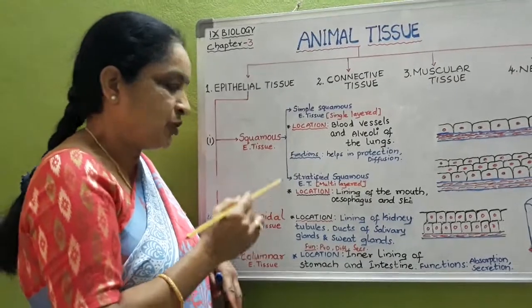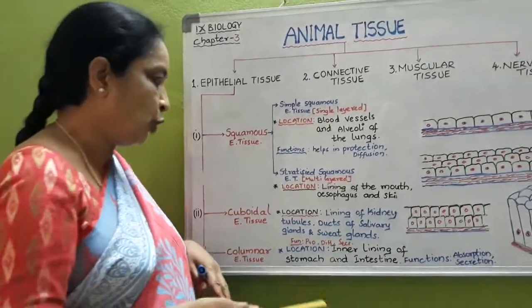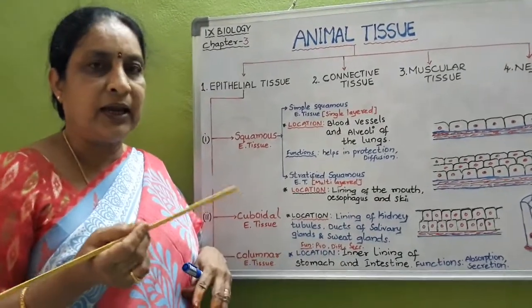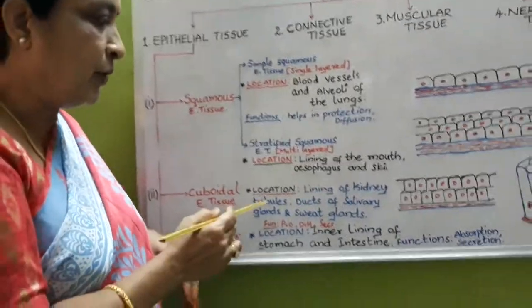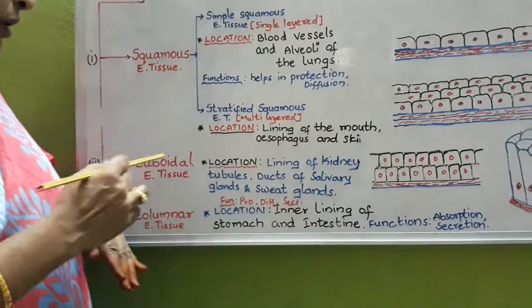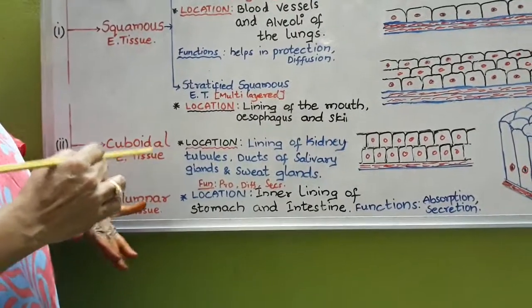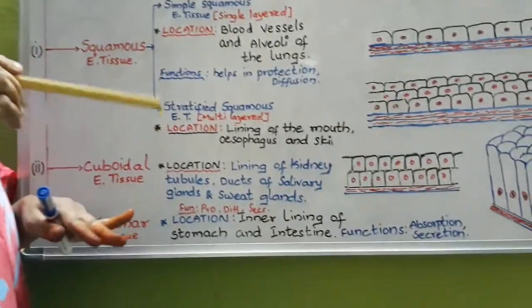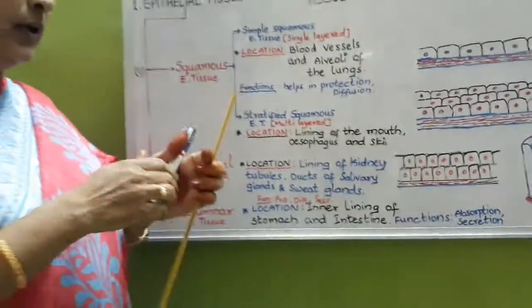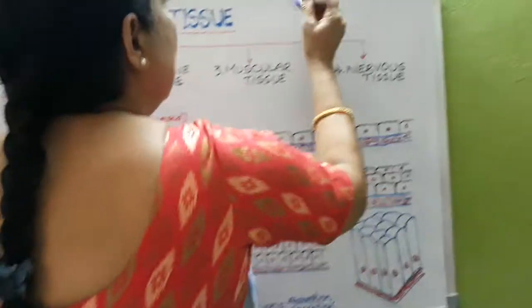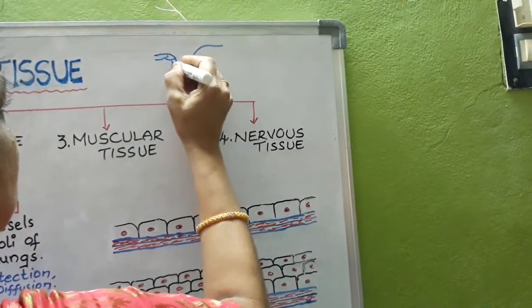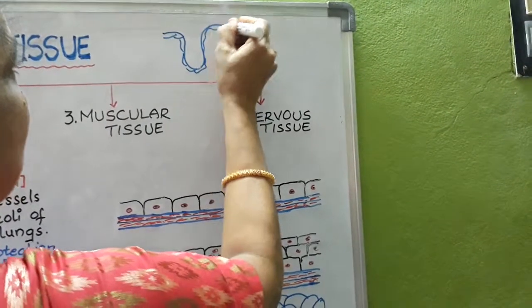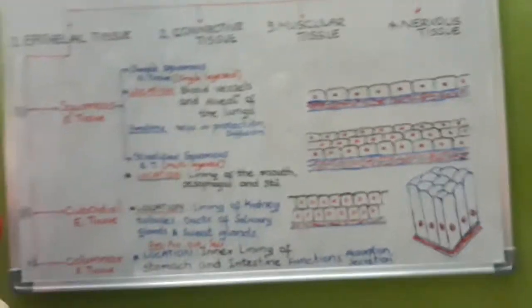And there are some special cuboidal tissues called glandular tissue. What is glandular tissue? Sometimes this cuboidal tissue in some parts folds inside like this. They fold inside the tissue to make a multicellular gland.